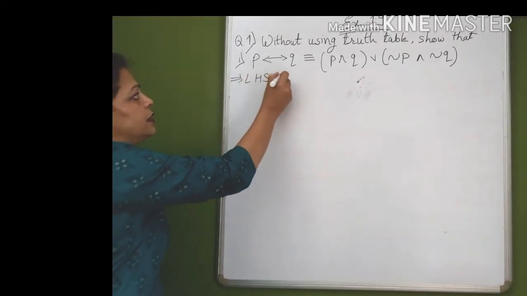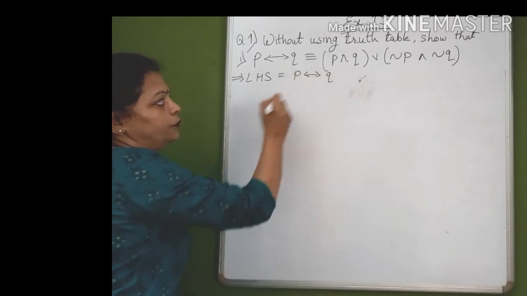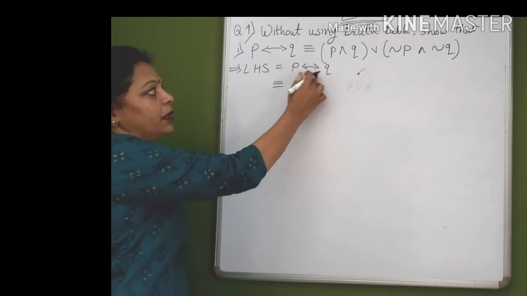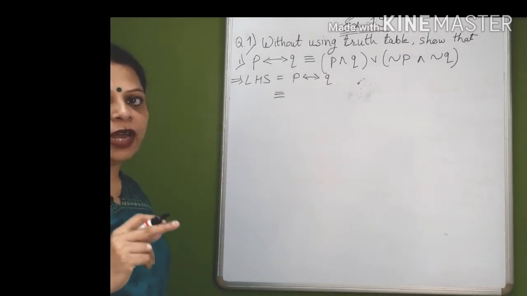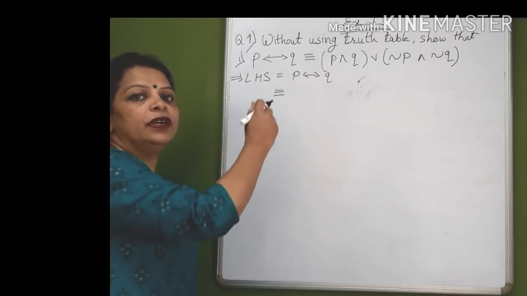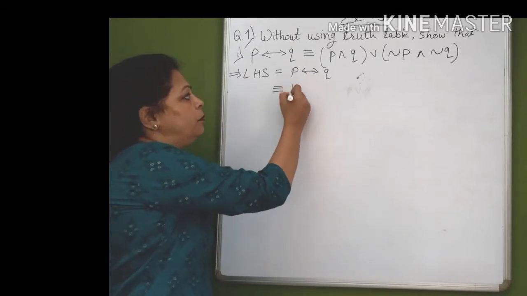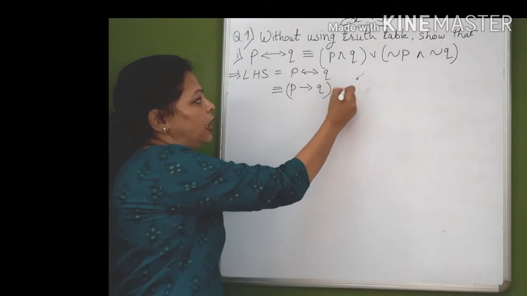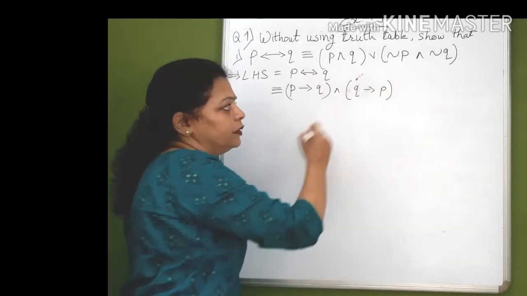Our LHS is P double implies Q. Now we know that P double implies Q is the same as P implies Q and Q implies P. So let us write it down: P implies Q and Q implies P.